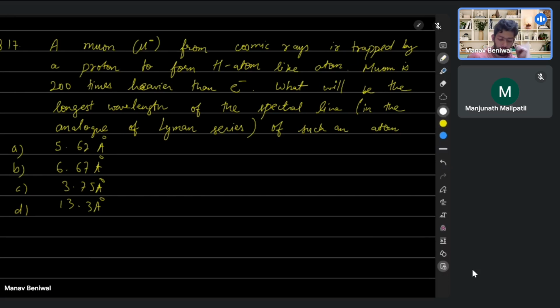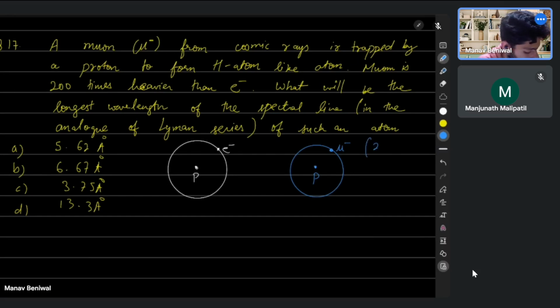So first of all, let us draw a hydrogen atom. Here we have one proton and here we have one electron. Now for this muon-like atom, here we will have one proton, but here we will have one muon instead of an electron, and its mass is 200 times the mass of the electron.